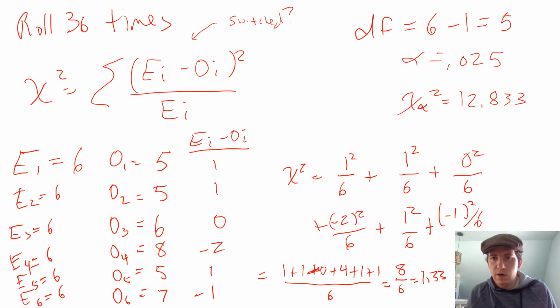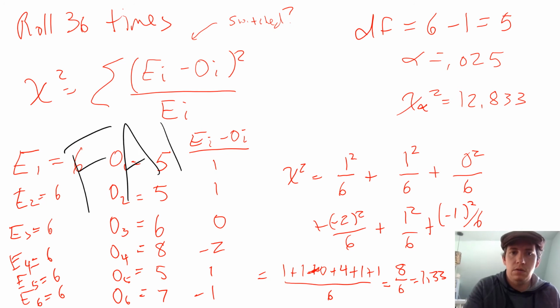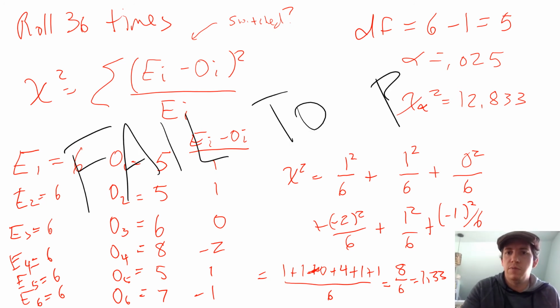So my chi-squared is 1.33. 1.33 is not larger than or equal to 12.833, which is my critical value. So therefore, I'm going to fail to reject. Fail to reject. That is my final conclusion.